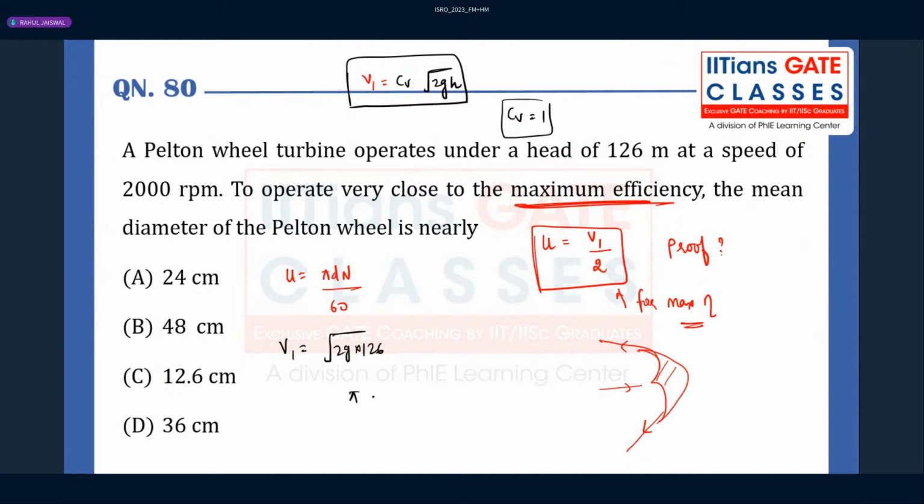Now you know that pi D N by 60, with N as 2000, is equal to 1 upon 2 times under root of 2 into 9.81 into 126.